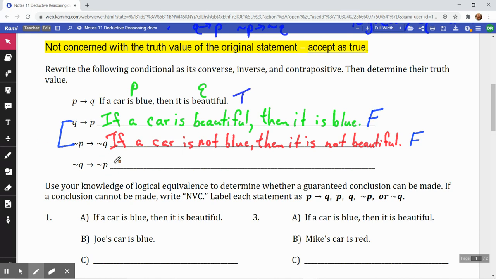Whichever way you approach it, the statement should read, if a car is not beautiful, then it is not blue.